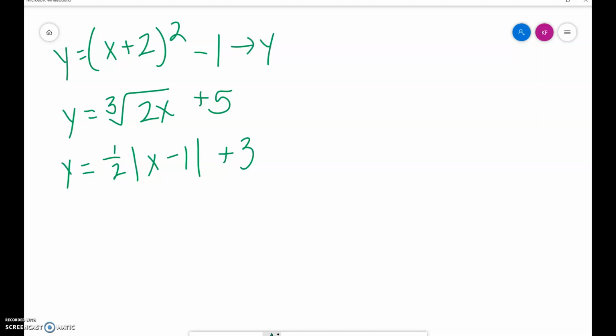Here it was y equals x squared. Here it was y equals the cube root of x. And here it was y equals the absolute value of x.